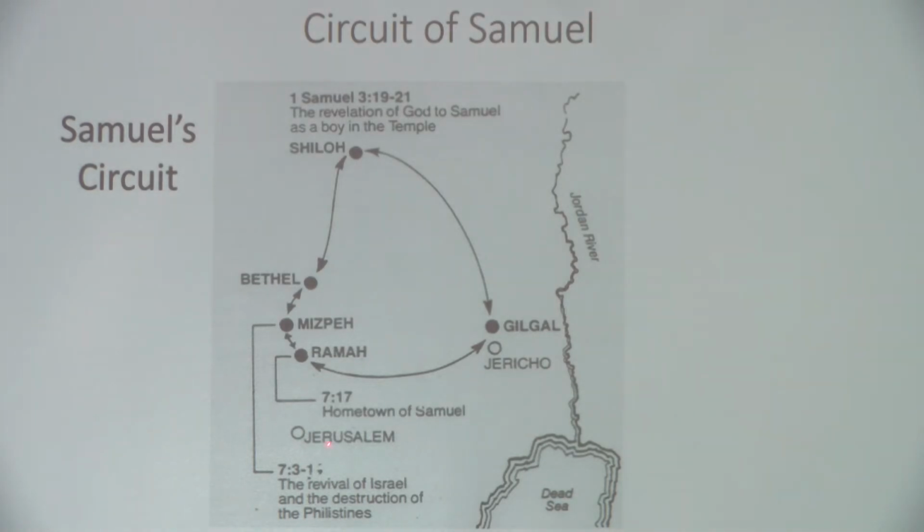If you take a look at this, you'll notice that this is not too far from Jerusalem. And not too far from Jerusalem about here. And I could not find a map that would show all of this. But what is right down about here in Jerusalem? Bethlehem. Who lives in Bethlehem? Jesse and his sons, including David.